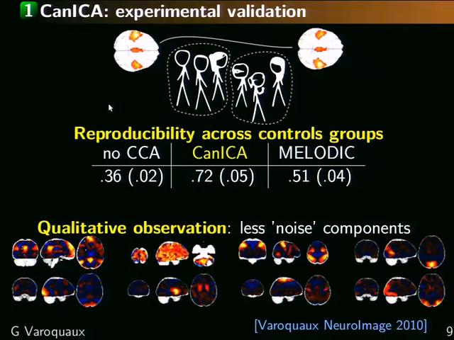Now, if we actually look at the components that are extracted, we extract a certain number of components. We used 42 in this study, but that really doesn't matter. What matters, and it's a very qualitative observation, is that if we compare maps extracted with and without CCA, we find that they're much more interesting, in the sense that they tend much more to segment salient features like what you see here, rather than have fairly flat, uninteresting maps.